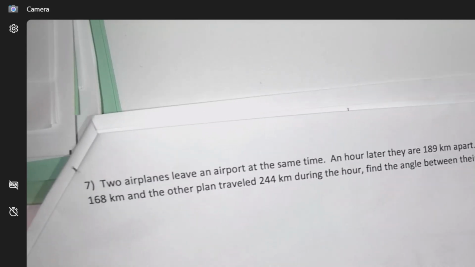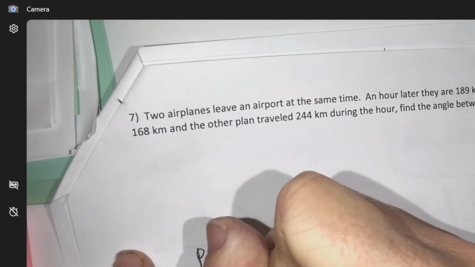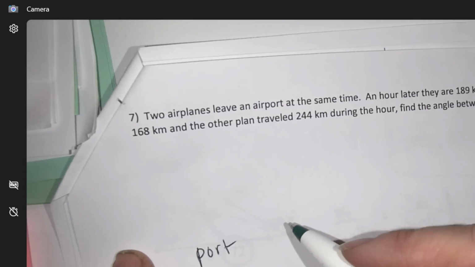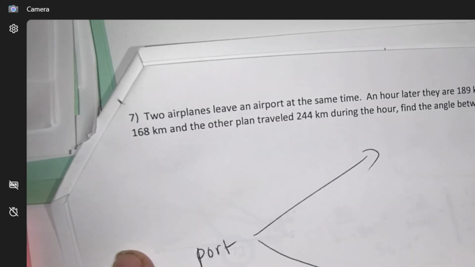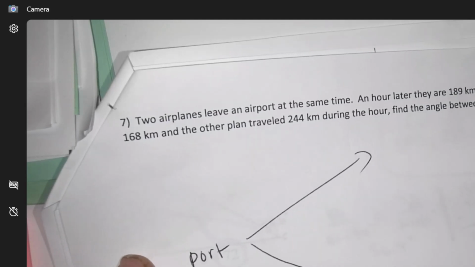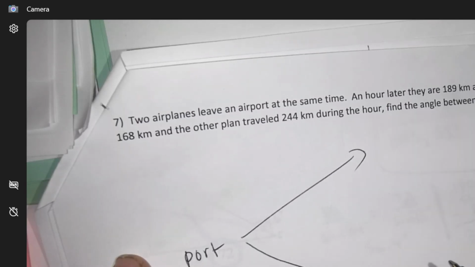Okay, 2 airplanes are leaving the airport at the same time. And they're traveling in different flight paths, so don't exactly know. Different flight paths. An hour later, they are 189 kilometers apart from each other.